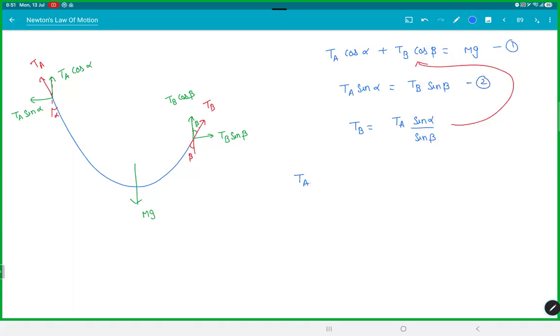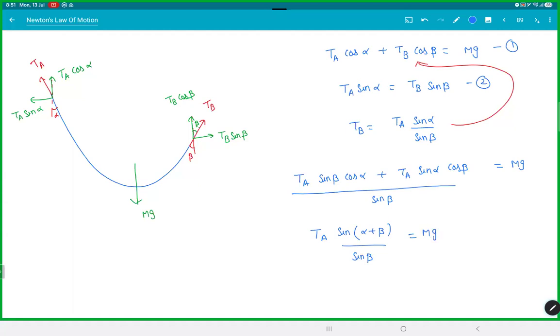Then you end up with TA cos alpha, plus TA sin alpha cos beta by sin beta, is equal to mg. You can see the numerator is nothing but sin alpha plus beta, isn't it? That is the sin A plus B formula.